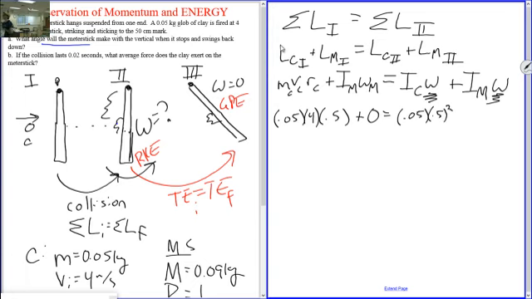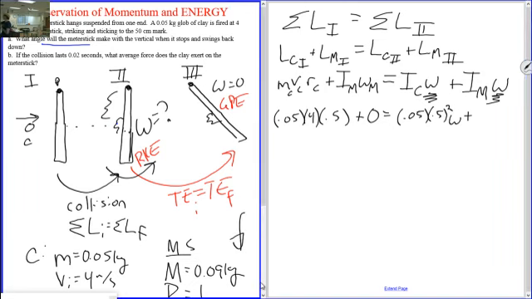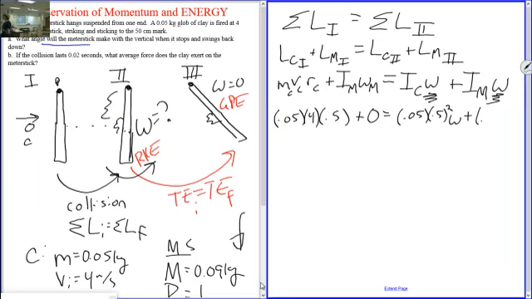Don't forget to square it, times omega, plus rotational inertia. Remember, we found the rotational inertia of the meter stick. It's down here at the bottom of the screen. My smartboard is not cooperating, but it was 0.03 times omega. All right, so solve this mess, and you will discover that the angular velocity of the meter stick and clay right after the collision is 2.35 radians per second.